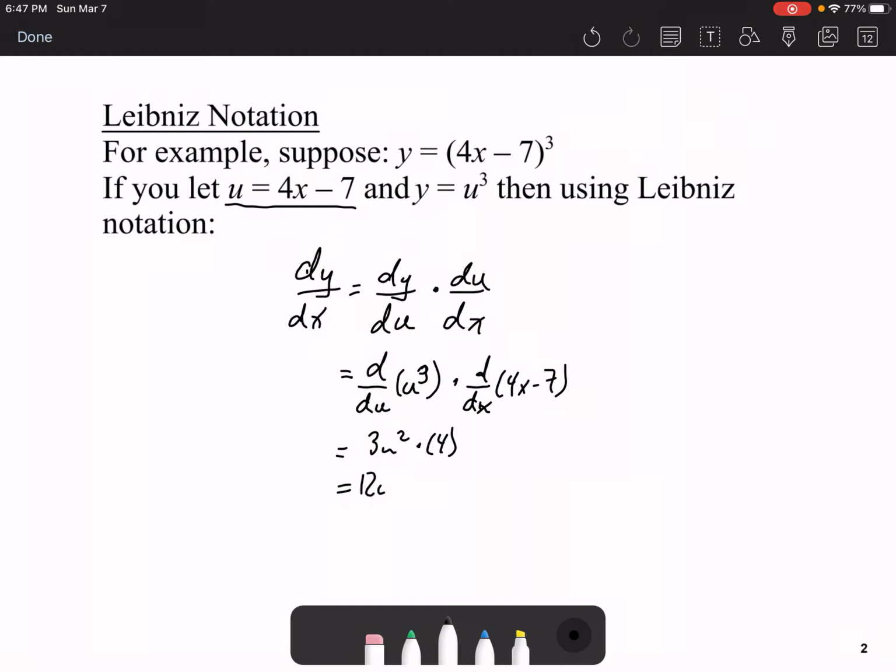So this simplifies to 12u squared, and if we want it in terms of x's, because that's what this expression is looking for, dy over dx, with respect to the variable x, you've got to replace the u back in as 4x minus 7. And there's how you work out the derivative with respect to x, using Leibniz notation.